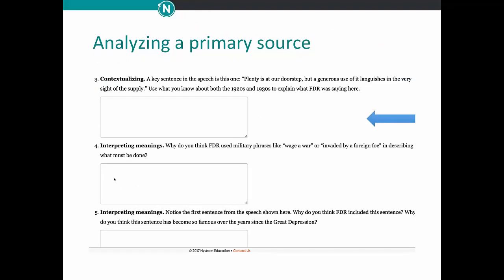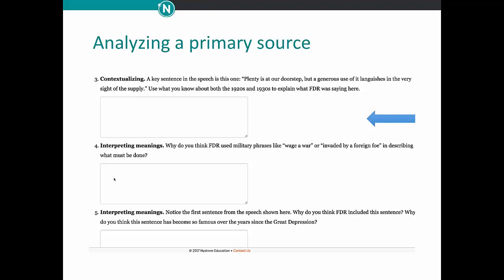So we want to know what students know, which is again a very important part of what you'll see in a DBQ on an AP test. What do you know about the 1920s and 1930s to explain what FDR is saying here? It's not something they can go back and look at in the speech quote and say, this is exactly what he meant.